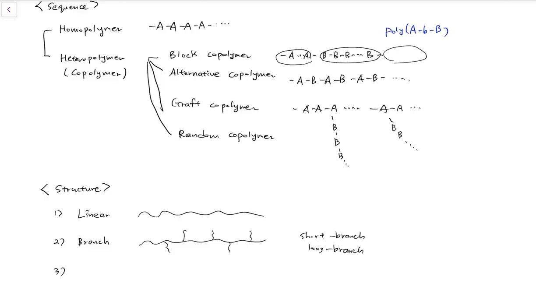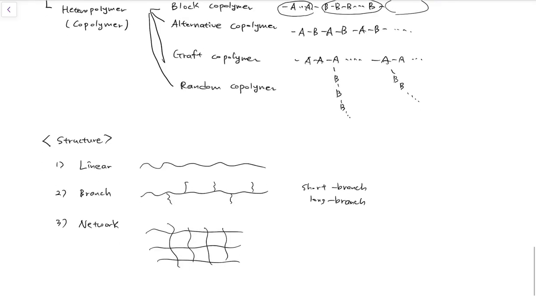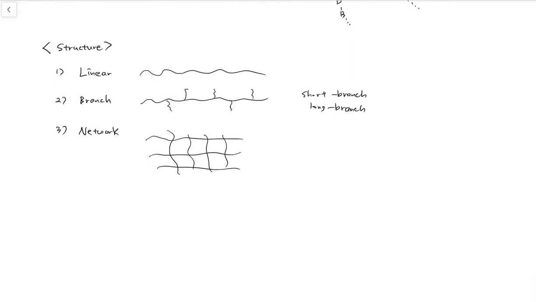Third type of polymer is called network polymer. So it has basically network structures like this, right? And the importance about this polymer structure is that depending on the polymer structures, it can be processed in different ways. Okay?